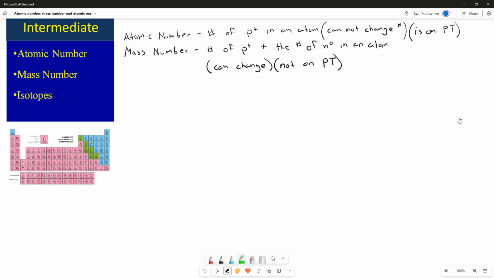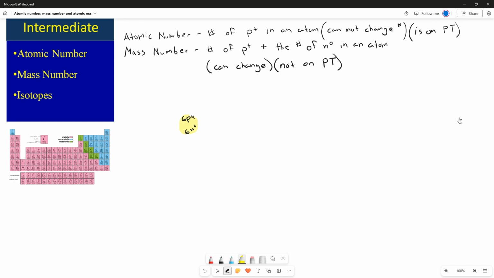So let's kind of take a look at this. We're going to take a look at two hypothetical atoms. And I'm going to draw the little yellow circle here to stand for the nucleus. And in this nucleus, we're going to have 6 protons, and we're going to have 6 neutrons.